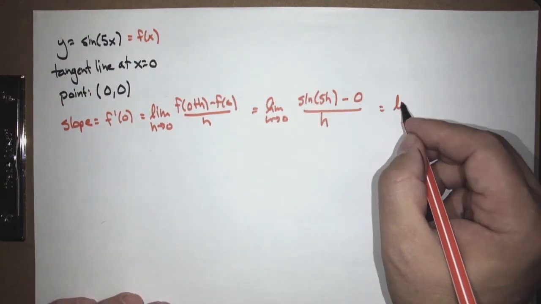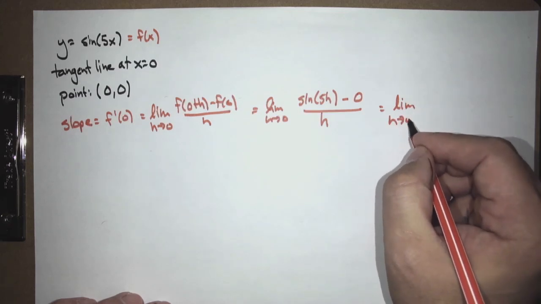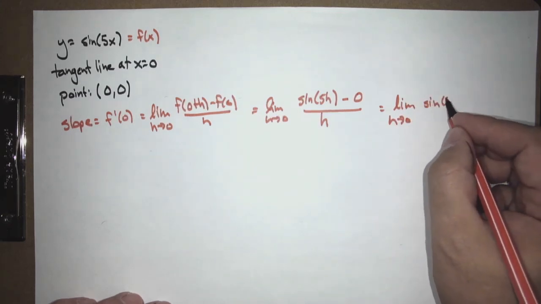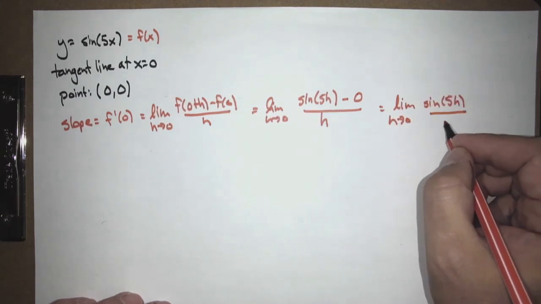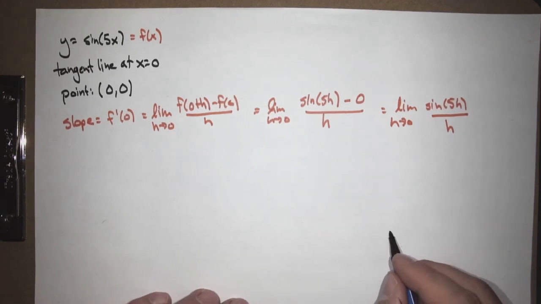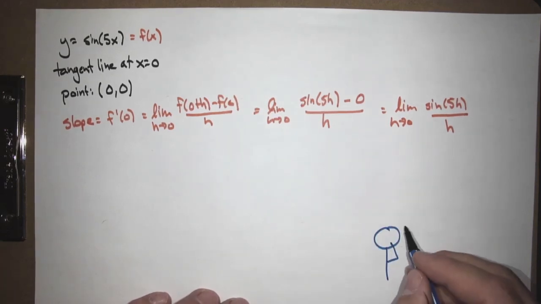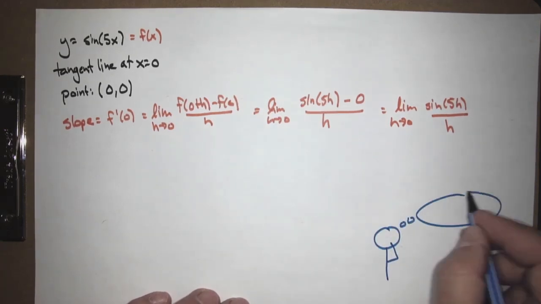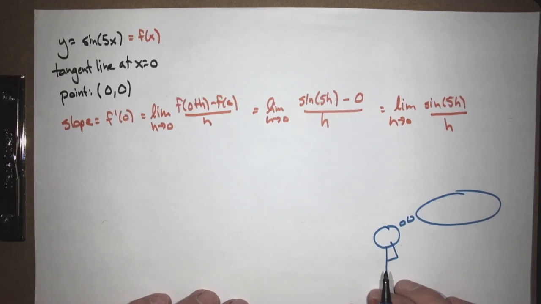Okay, well that's good. Now we look at this limit and say, this looks familiar. Do we have ways of handling these limits? We start pondering, because we are ponderers. What do we start thinking about?